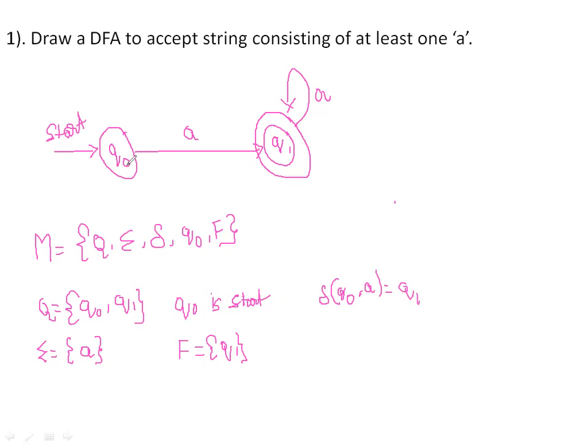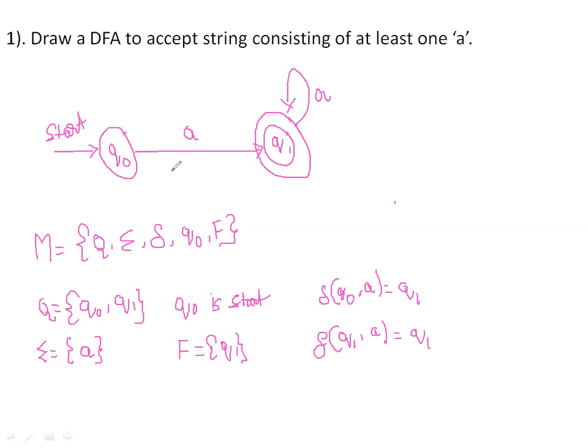See here, delta of q0 means the transition function of q0 on receiving a; it is changing its state from q0 to q1. That's why I'm writing like this. Then the second one, delta of q1 on receiving a will be equal to q1 itself. On receiving a, q1 remains in q1.